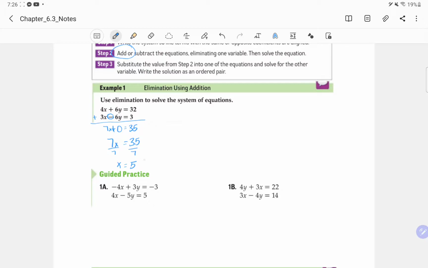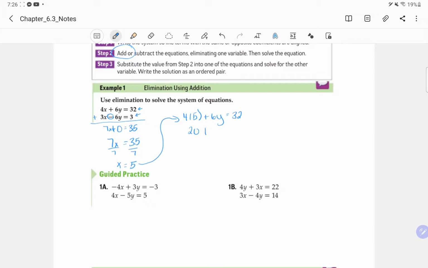From here, you're just going to take your 5 and plug it into either one of these. You will get the same answer no matter which one you plug it into. So just pick one, plug it in. I'm going to plug it into the top one. So 4 times 5 for x plus 6y equals 32.